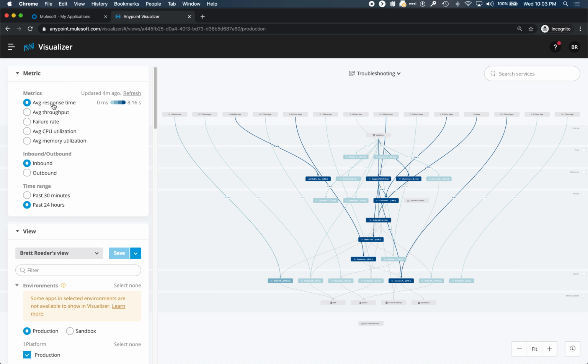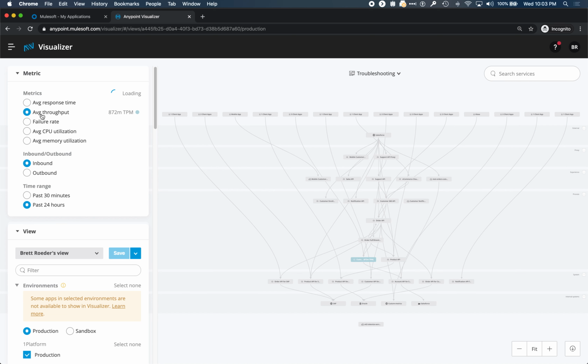So in this case, I'm looking at the average response time, and I can see I have a scale in here that shows me the min and the max time within this. I can look at the average throughput perspective as I'm drilling into my visualizer. And this is showing me the transactions per minute or per microsecond as we're looking at these.